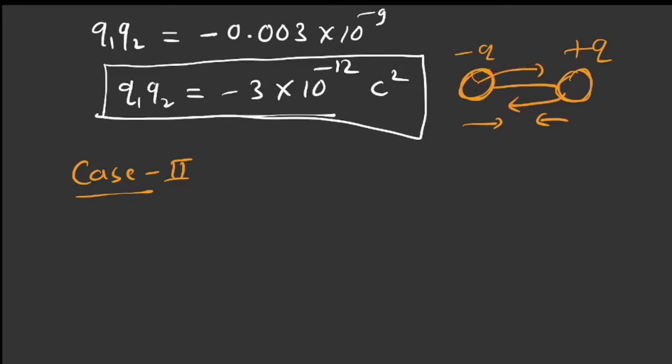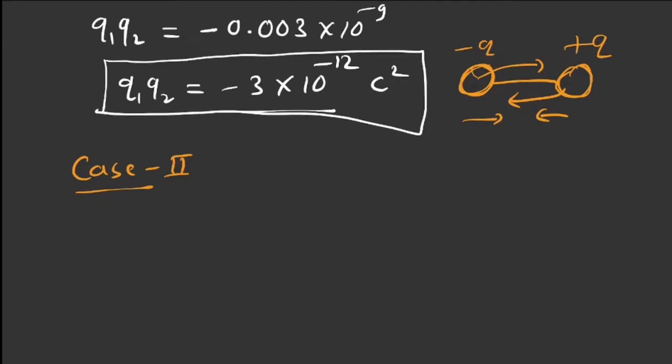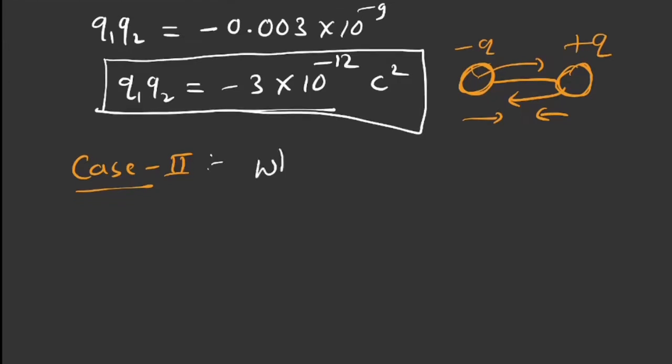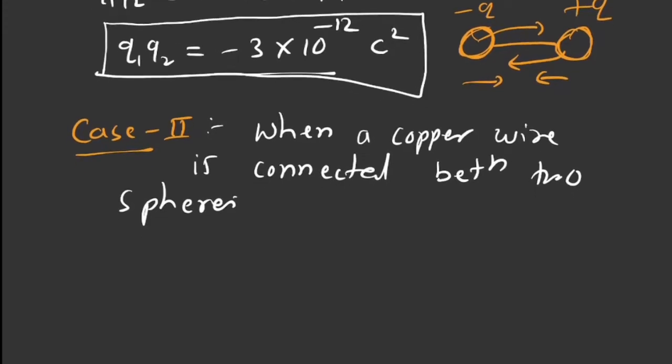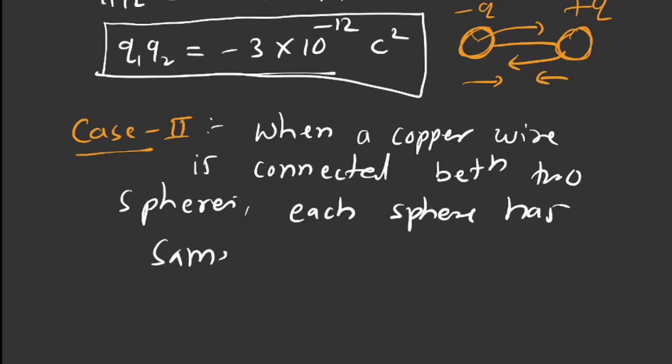Okay, now for case 2, I will write: when a copper wire is connected between two spheres, each sphere occupies the same charge.